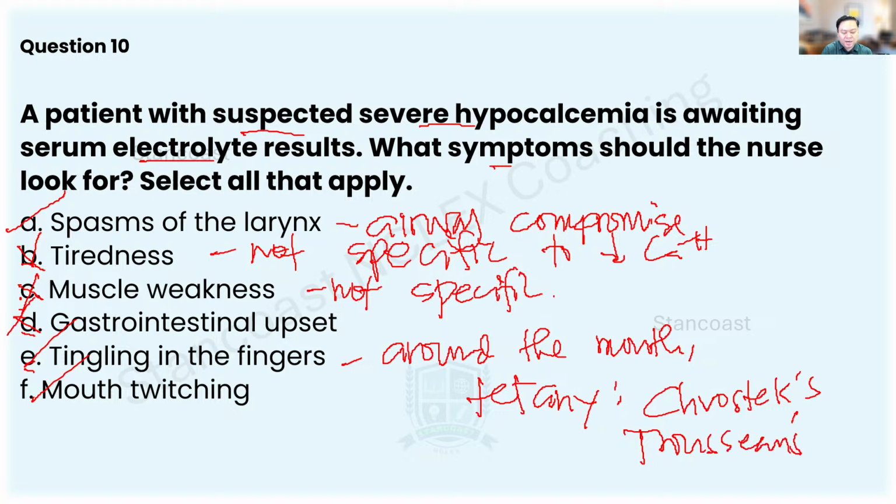These are what you should pay attention to. There will be twitching of those muscles or tetany, airway compromise because of the laryngeal spasm. Okay? So our correct answers here will be the following. Letter A, letter E, and letter F. These are specific manifestations of hypocalcemia, guys.